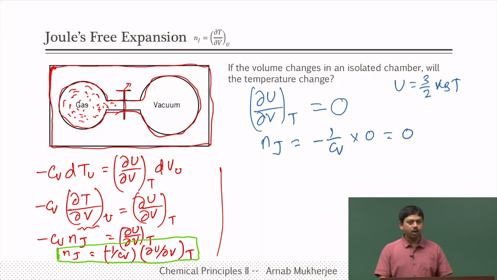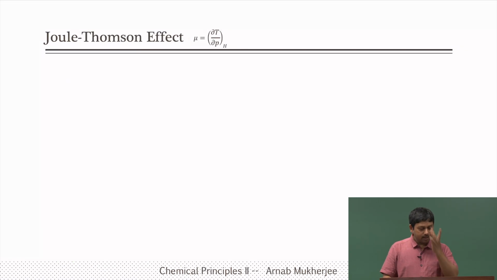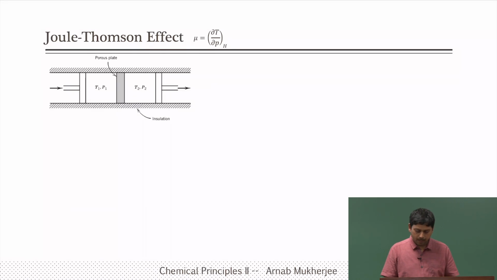Now, this is a process that happens at constant internal energy. Similar to that, there is the Joule-Thomson effect, which talks about a constant enthalpy process. Okay. So, we talked about a constant energy process, now we are going to talk about a constant enthalpy process, to observe the change in temperature due to change in pressure.